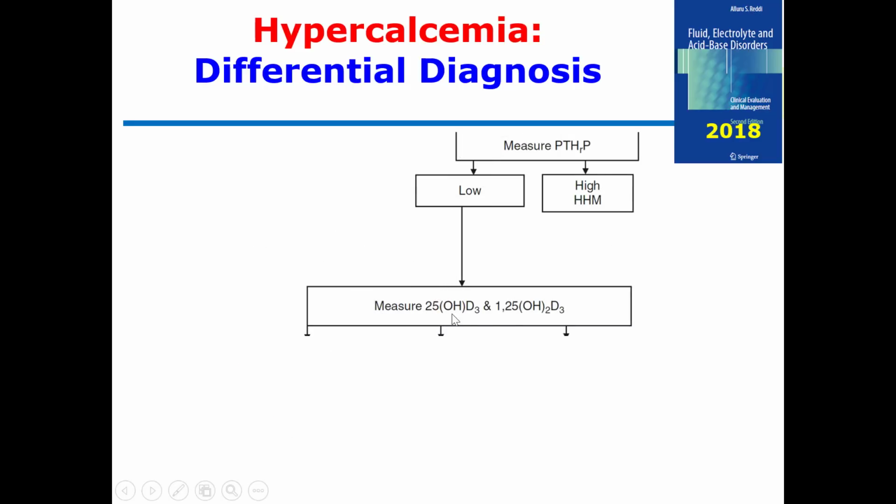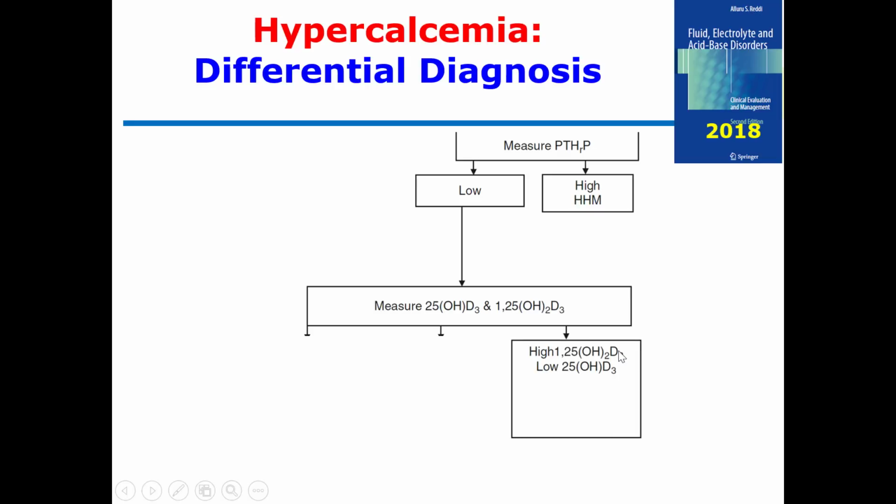So we measure vitamin D, 25-hydroxyvitamin D3, and active vitamin D, 1,25-dihydroxyvitamin D3. Why do we measure these two hormones? Because we will have three possibilities.